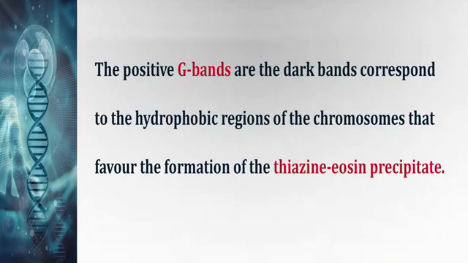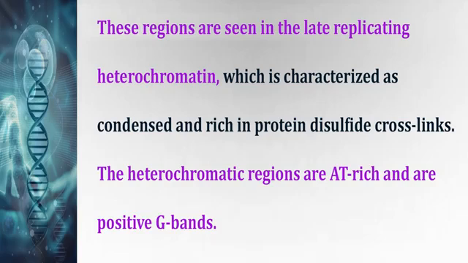The positive G bands, or the dark bands, correspond to the hydrophobic regions of the chromosome that favor the formation of thiazine-eosin precipitate. These regions are seen in the late replicating heterochromatin, which is characterized as condensed and rich in protein disulfide crosslinks. The heterochromatic regions are AT rich and are positive G bands.